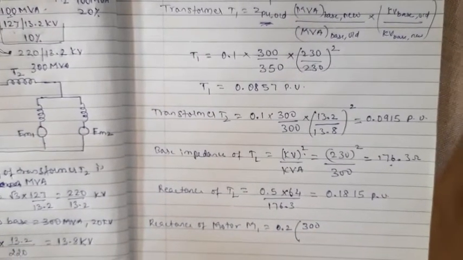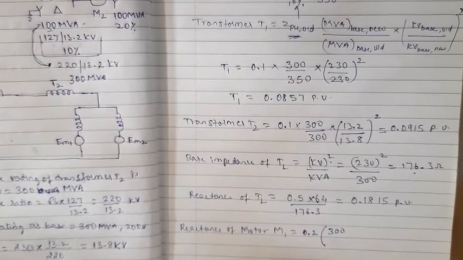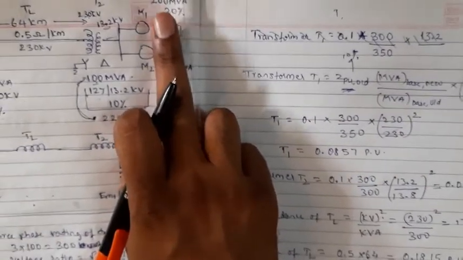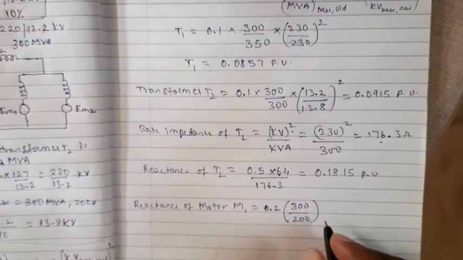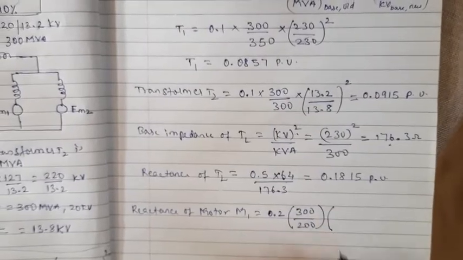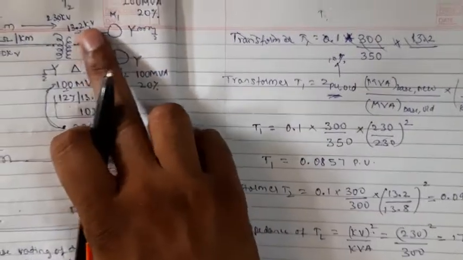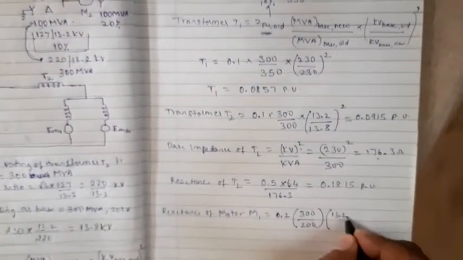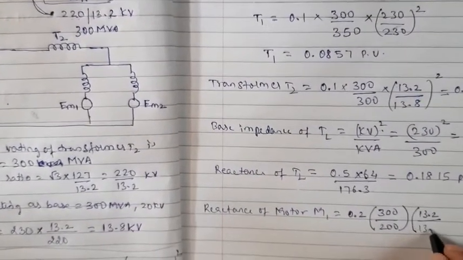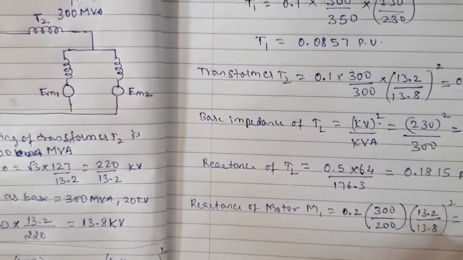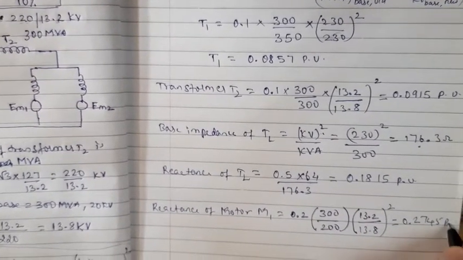That is 300, entirely the same for all the system. What is the MVA base old? It is 200. Next, the old kV is 13.2, and the new one we have found is 13.8, this whole square. So we are getting 0.2745 pu.